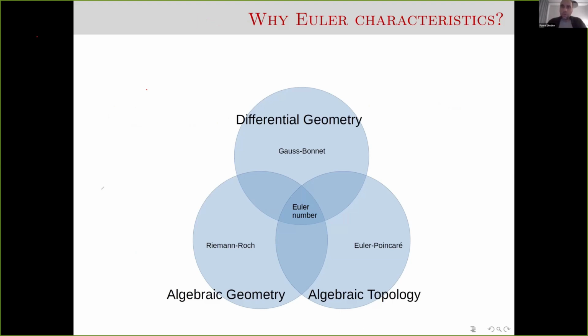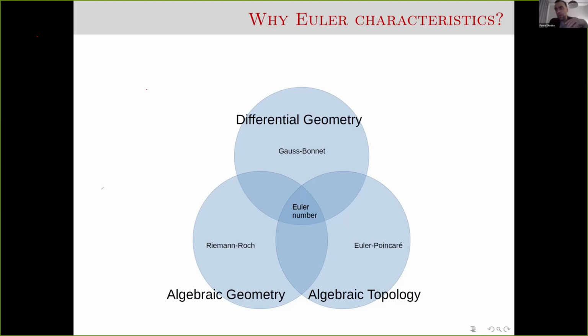But there is another one. The Euler characteristic has been around for many centuries. And if you look through mathematics, you can find it in very different branches, appearing in differential geometry in terms of Gauss-Bonnet, in algebraic topology with the Euler-Poincare formula that I just presented, and in algebraic geometry with the Riemann-Roch theorem.